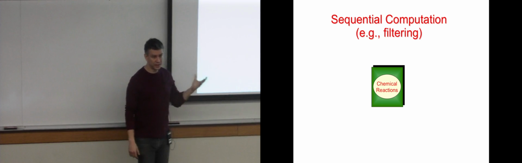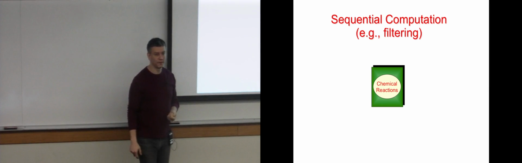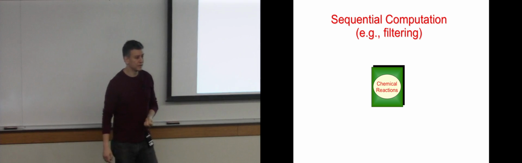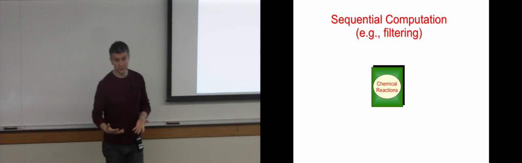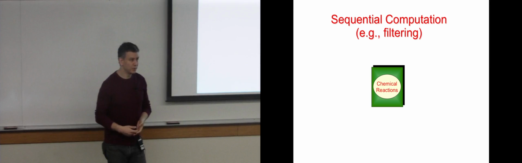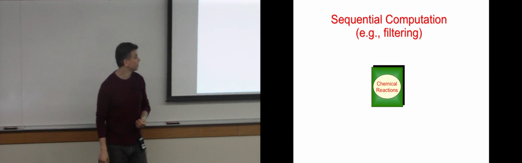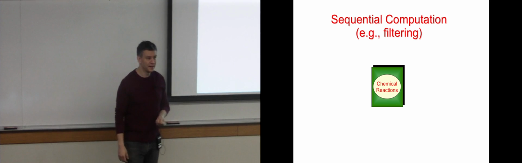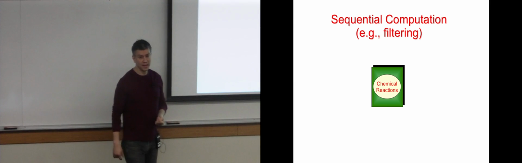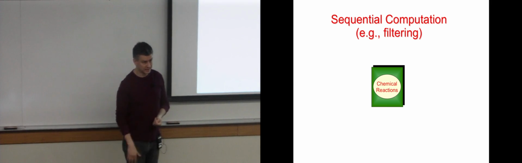But these are chemical reactions, and in essence, chemical reactions have become our components that we work with. So the analogy might be if you're a circuit designer working with transistors, if you're a logic designer working with logic gates, or perhaps a good analogy might be if you're a programmer writing lines of code to achieve something. Here we're going to be doing any one of those tasks, designing circuits or writing code, but doing so with chemical reactions.